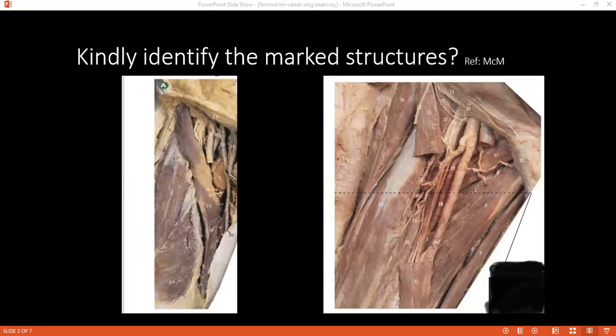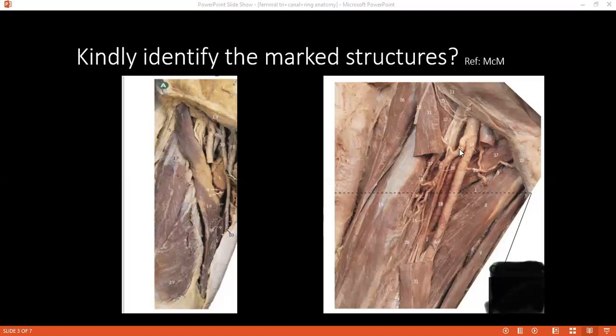If we can identify certain structures: you have already identified sartorius. Please identify number 6. It is the femoral vein.